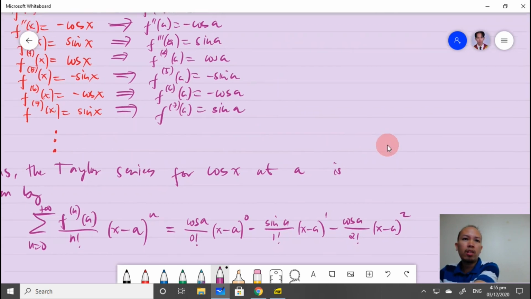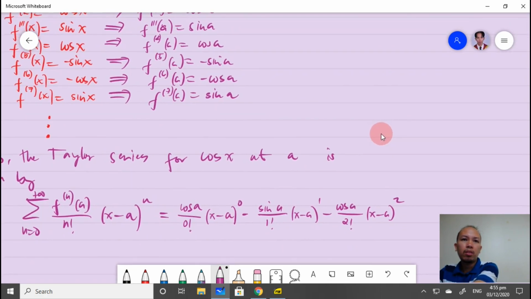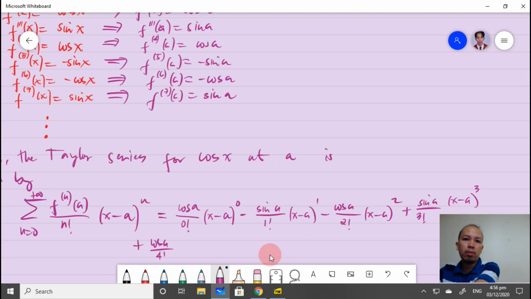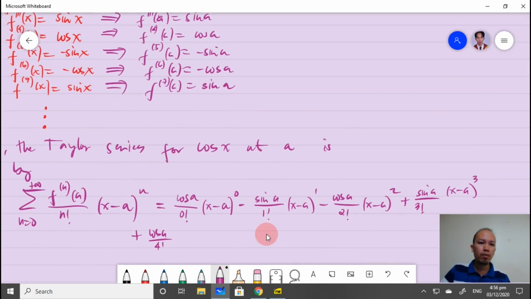Let's try to expand more. The third derivative is sine a over 3 factorial times x minus a to the power of 3. Let's try to add more up to 7. The fourth derivative is cosine a over 4 factorial times x minus a to the power of 4.